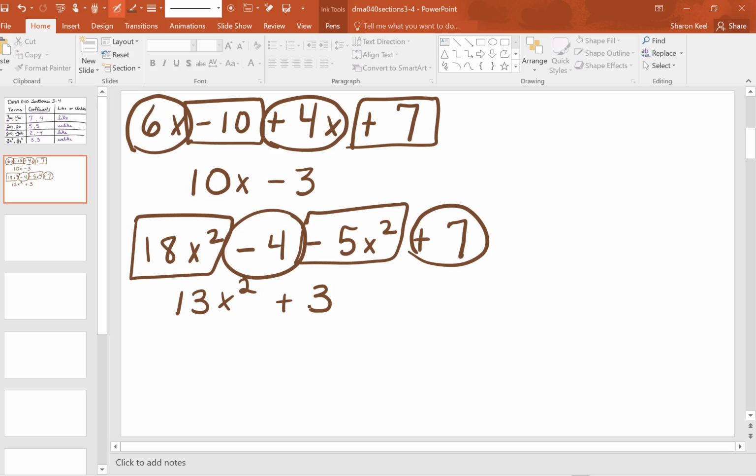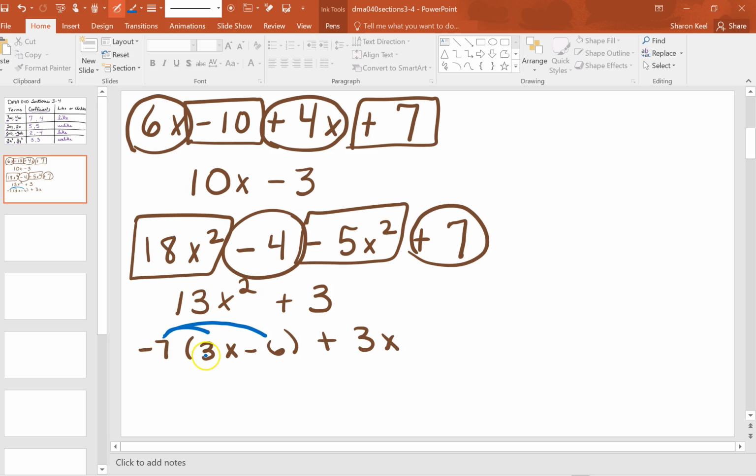Let's say I have -7 times 3x minus 6 plus 3x. Now, in this particular scenario, what do you think I need to do first? I have a parenthesis that we didn't have before. And remember how we learned how to use the distributive property.